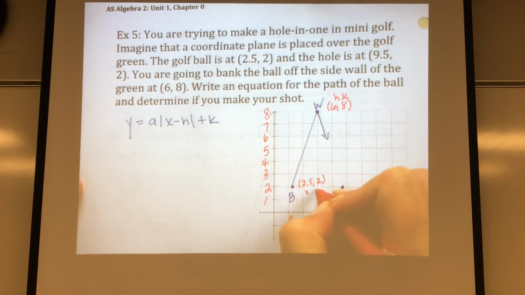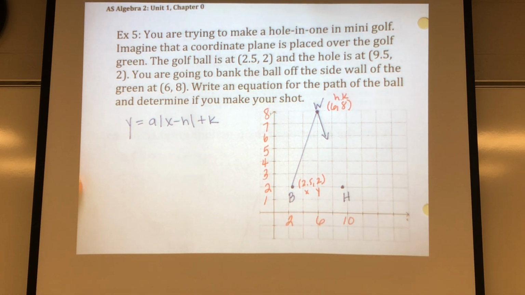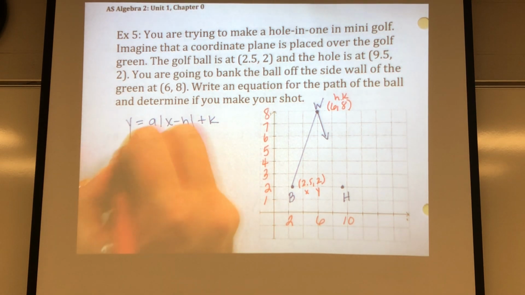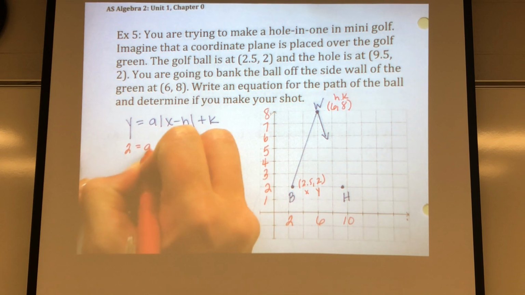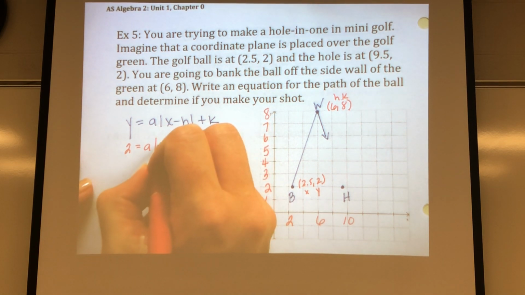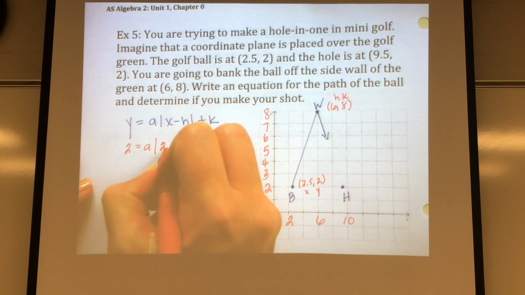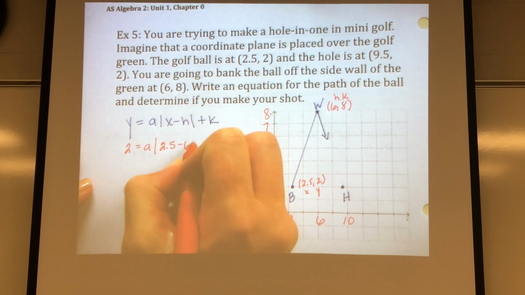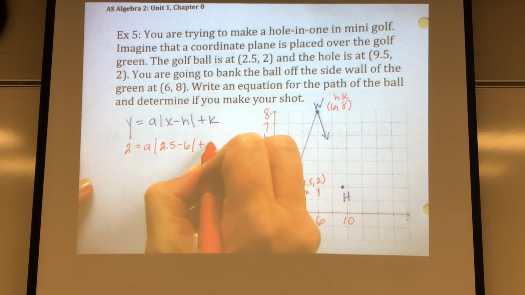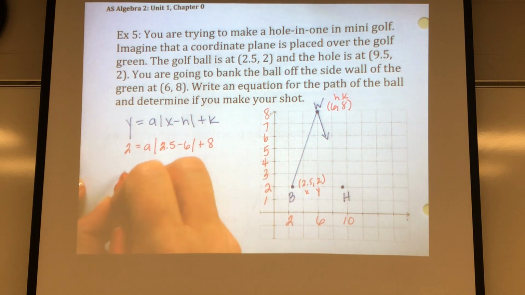That's going to be our x and our y. So please go ahead and substitute those in and solve for the equation, and then come back and check. Hopefully you put a 2 in for the y, a 2.5 for the x, 6 for the h, and 8 for the k.